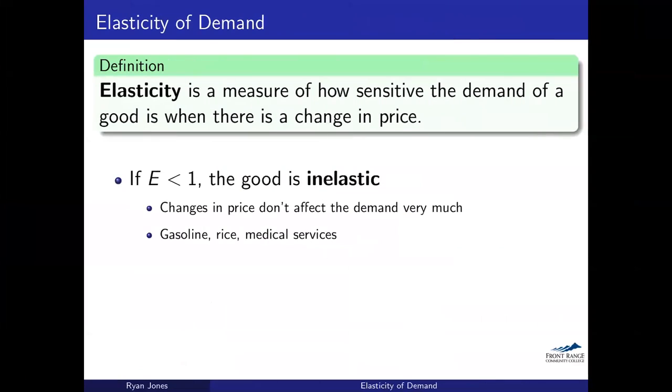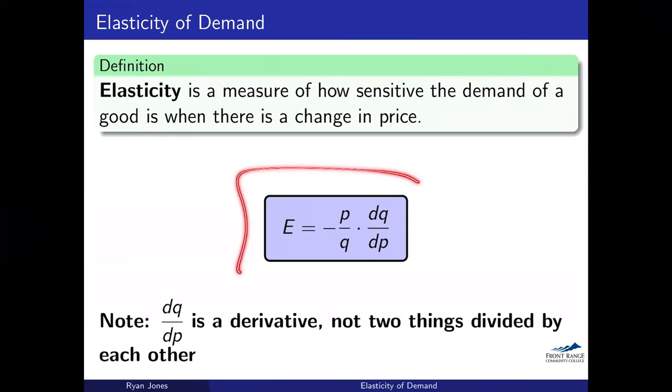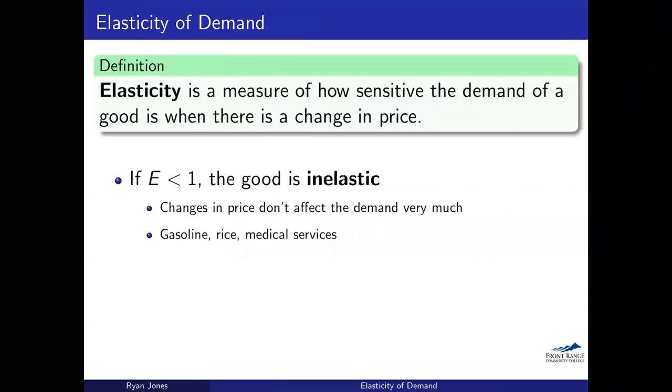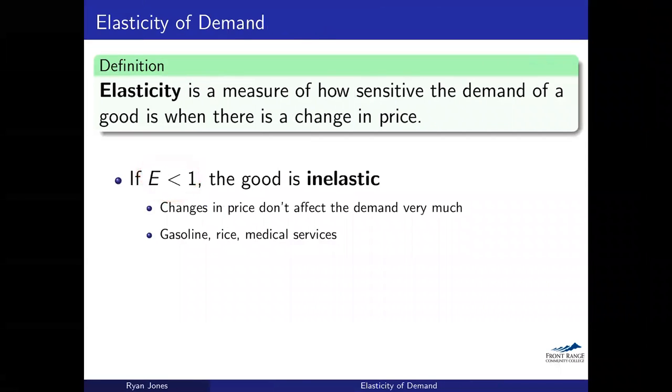So if you take your formula here and you plug in your price, you plug in your quantity, you look at the derivative of Q and P, or maybe you choose to use this formula, the negative change in quantity over the change in price, and you calculate it, and let's say you get something less than 1. That we call inelastic.